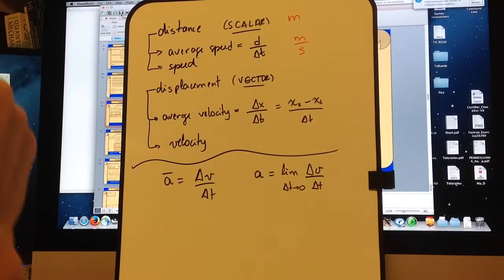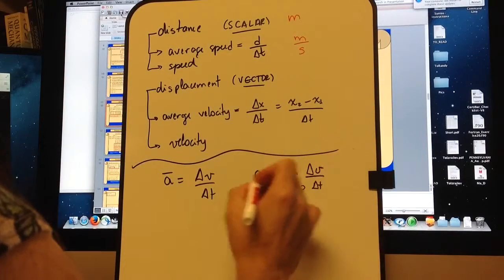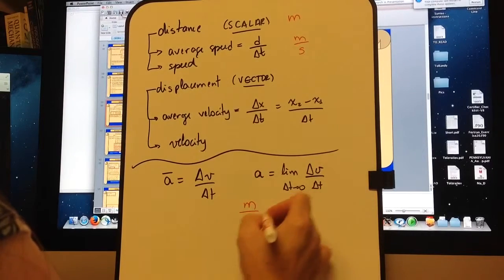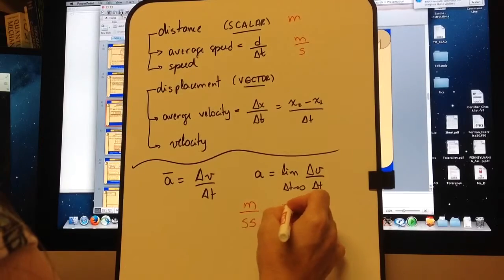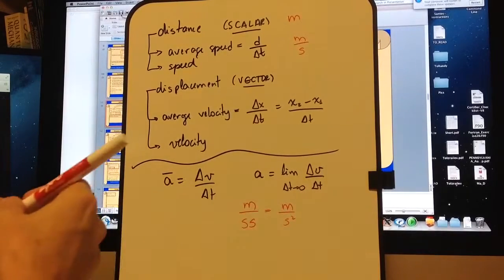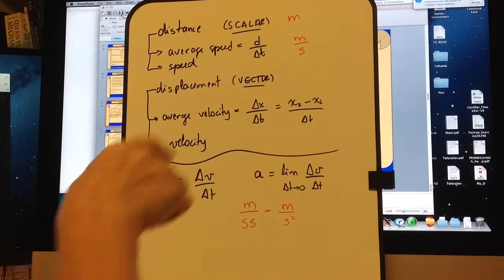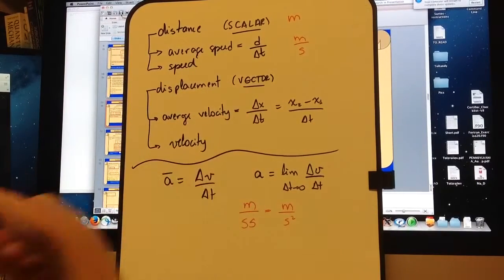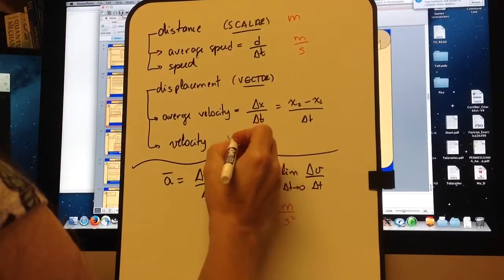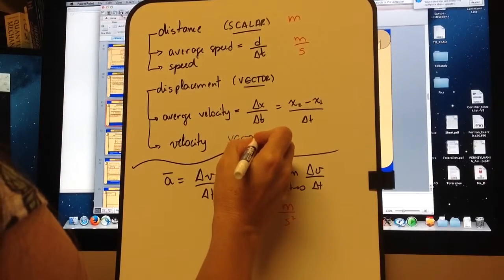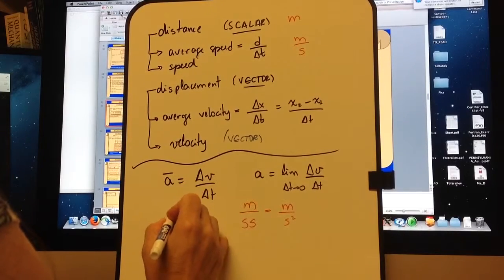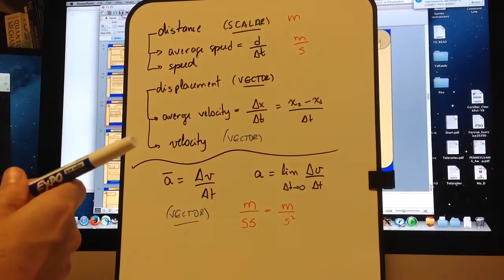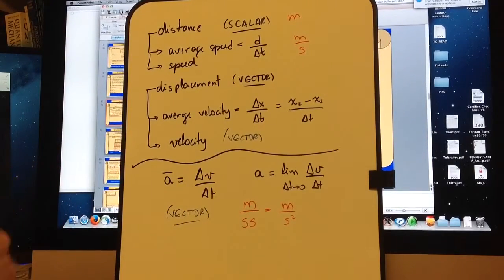The units for acceleration. Well, velocity is meters per second, time is second, and so we have meters per second squared. All right, displacement is a vector, average velocity and velocity also vectors, and therefore acceleration also a vector. So it comes with magnitude and direction.